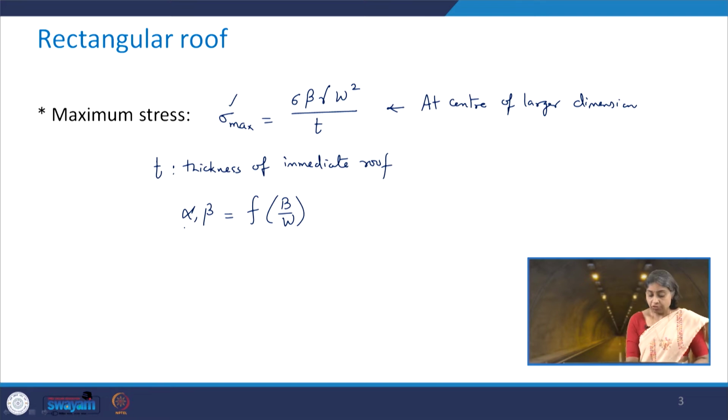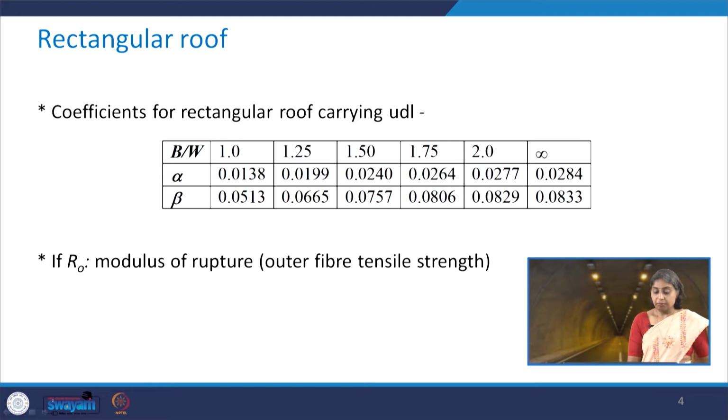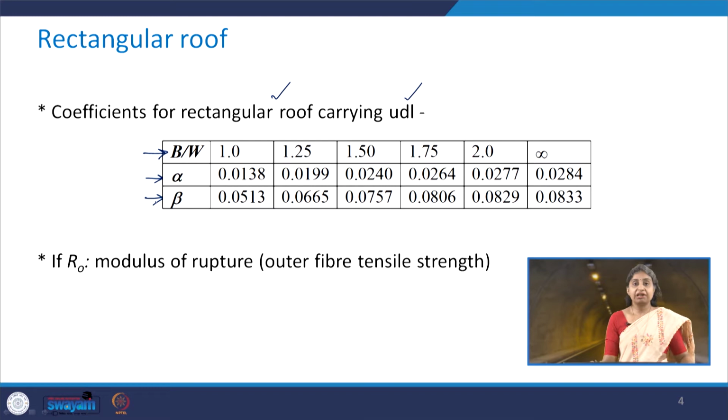The question comes: what should be the values of alpha and beta? For a rectangular roof carrying a uniformly distributed load, for various ratios of B by W, the values of alpha and beta are tabulated here.